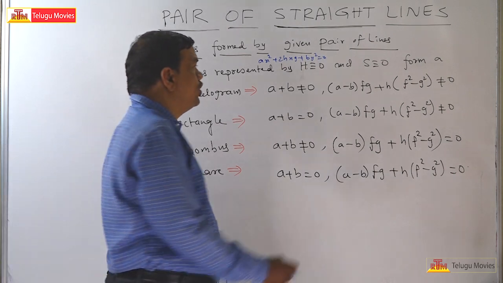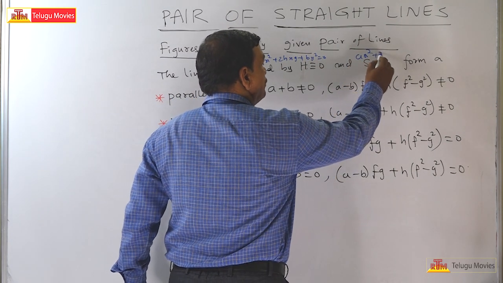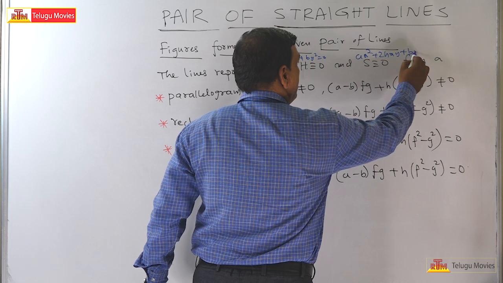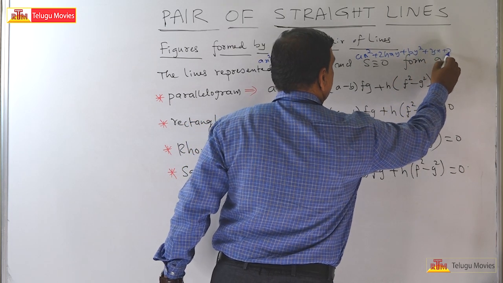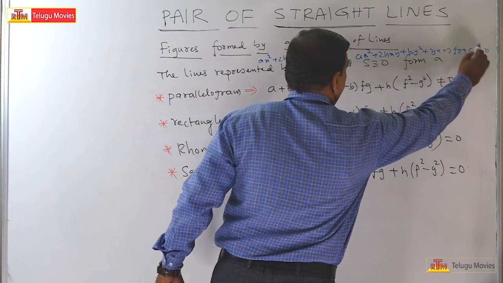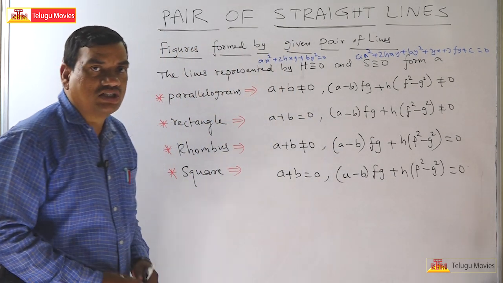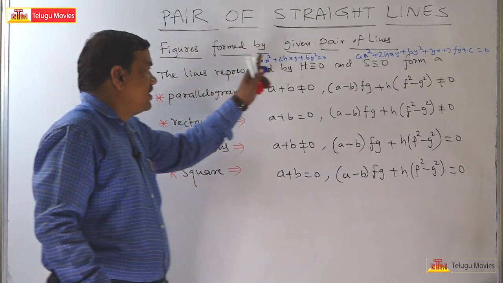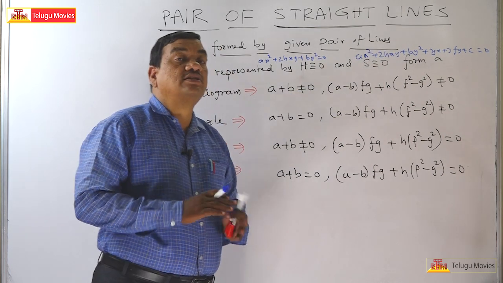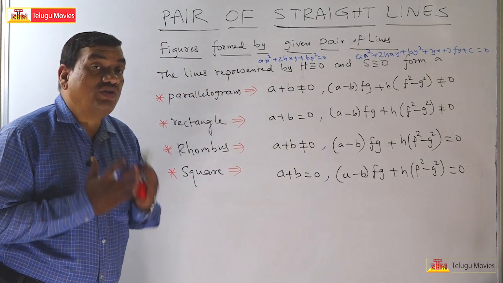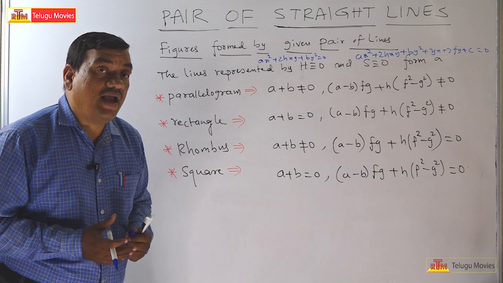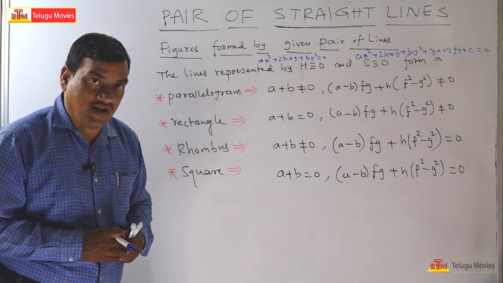S is equal to 0 means AX square plus 2HXY plus BY square plus 2GX plus 2FY plus C is equal to 0, a pair of lines which does not pass through the origin. So these are two lines and this also two lines, 2 plus 2, 4 lines. With these 4 lines, a quadrilateral can form.